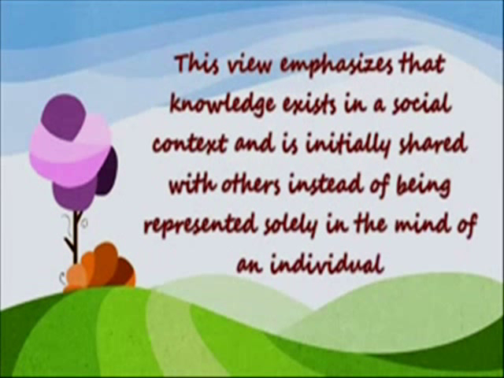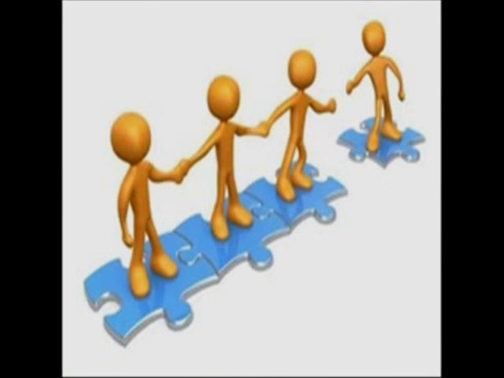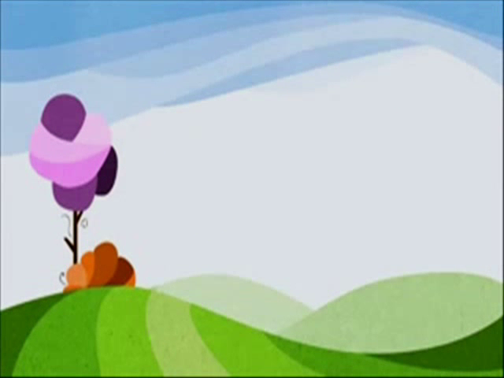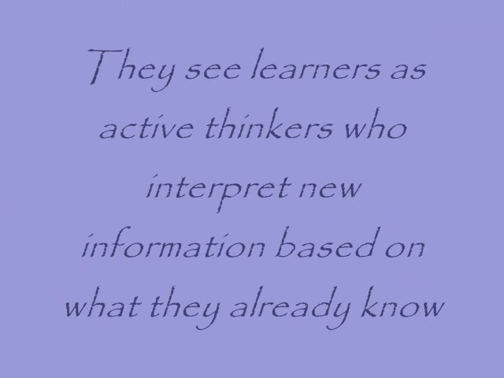Characteristics of constructivism. Whether one takes the individual or social view of constructivism, there are four characteristics that these two views have. According to Egan, these are: Learners construct understanding.